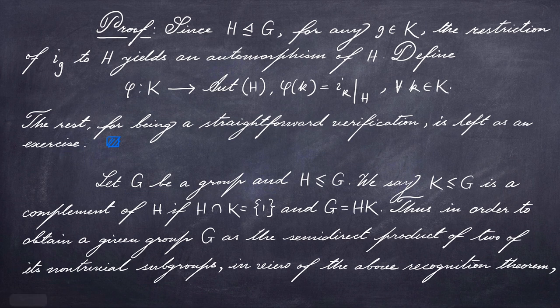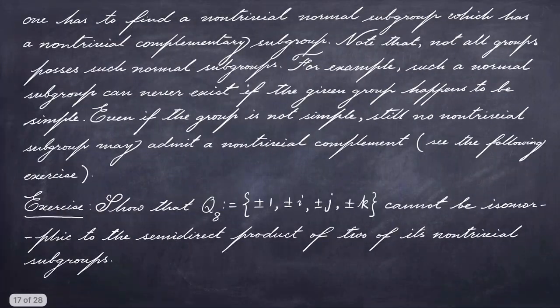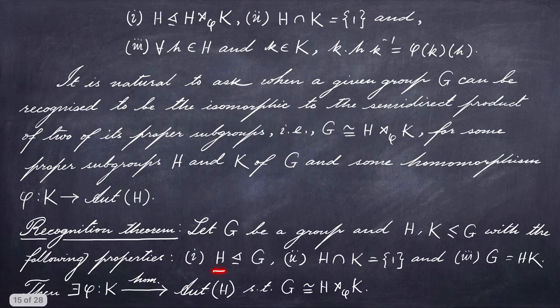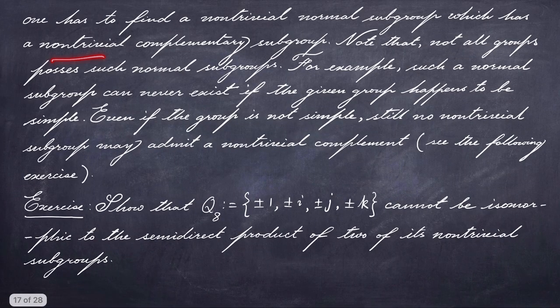in order to obtain a given group as the semi-direct product of two of its non-trivial subgroups, what we have to do in view of this recognition theorem is find a non-trivial normal subgroup which has a complementary subgroup.